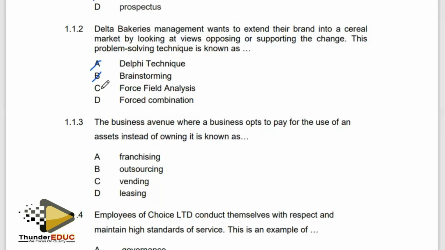Then it could be market penetration, which talks about reducing the prices of the current products so that they look cheaper compared to our competitors so that we can sell. So we look at advantages and disadvantages of such a solution, and then we compare which one is better.